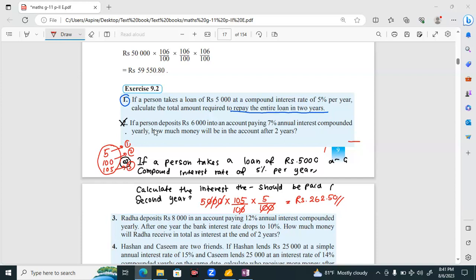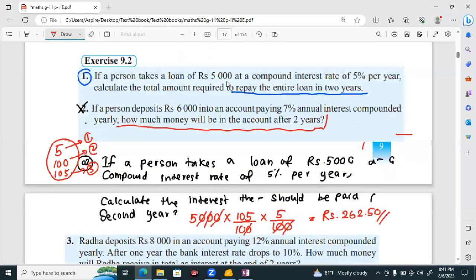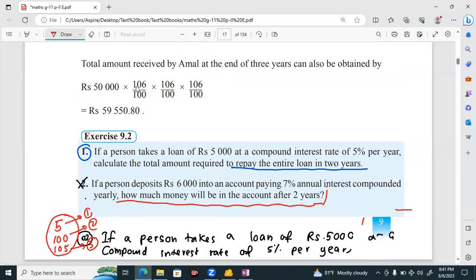It is the total. Oh, this asks how much money will be in the account after 2 years. That means it asks for the total amount, not only the interest. Then how should our calculation be? Our expression should be written like this. We have the loan amount. The loan amount is multiplied by 107 upon 100. 107 upon 100. Right?